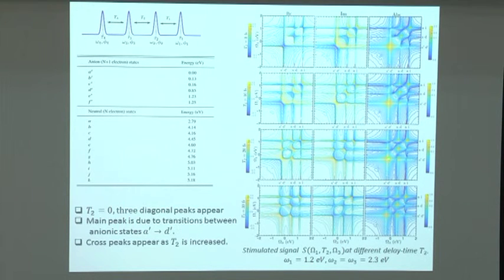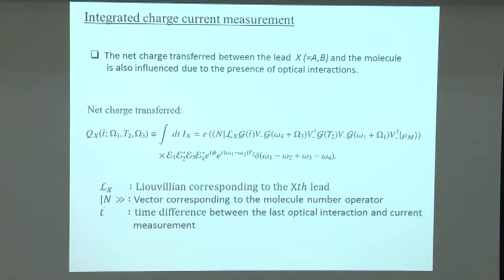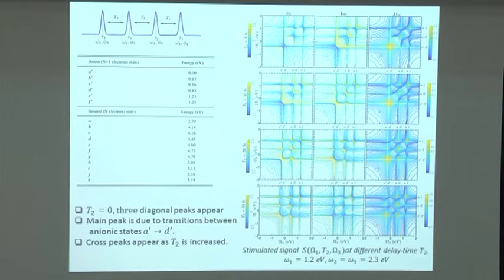When T2 is 0, when these two pulses overlap, there is only a diagonal peak in the system. What these two pulses are doing is creating a population in some state, and these populations show these nice peaks. Then as I start varying T2, I generate these off-diagonal peaks also.